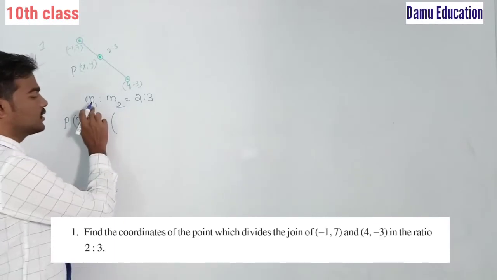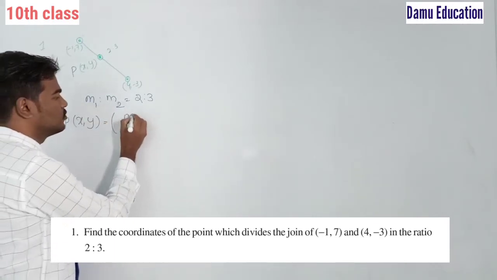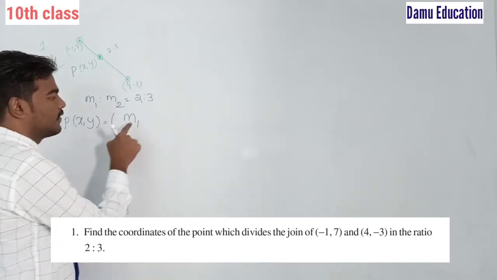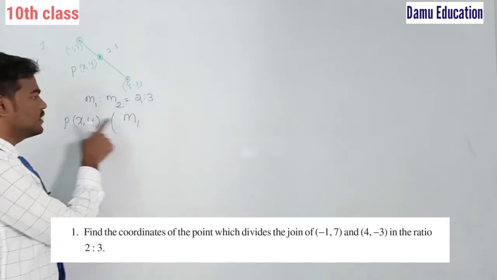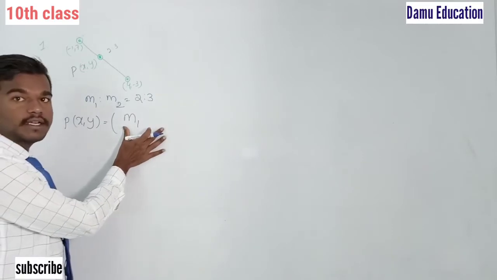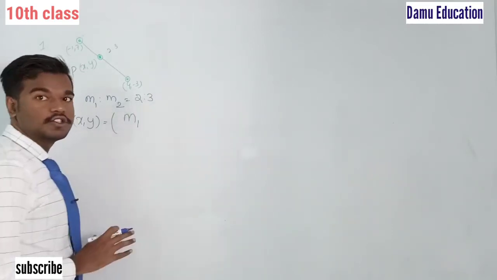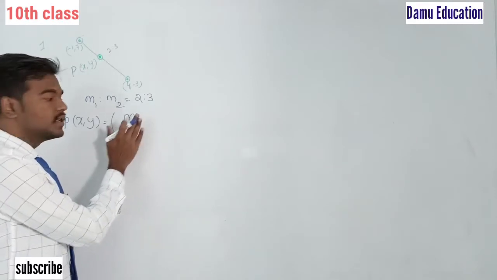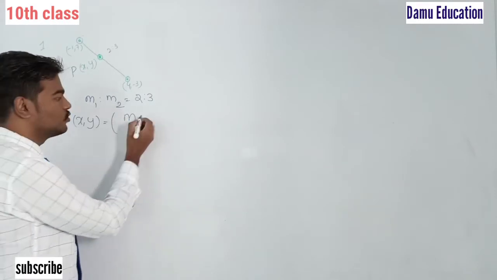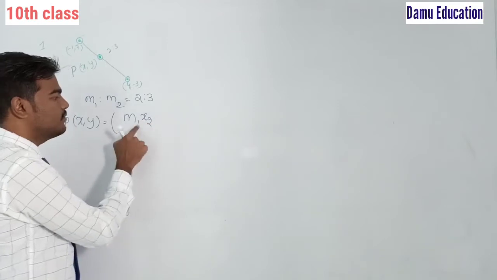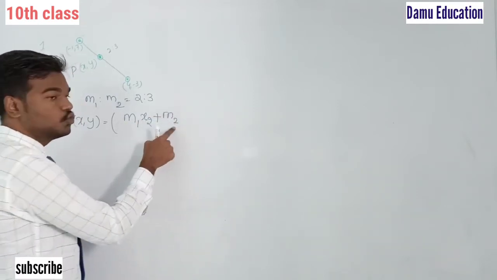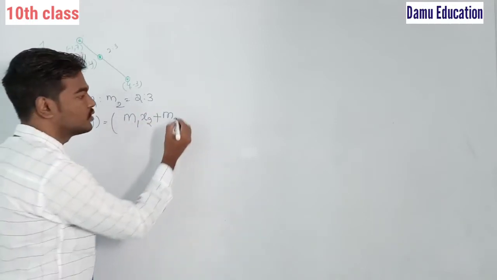So here first consider m1. For the x coordinate, we need to write all the terms of x. So m1 came, for that we write x2, 1 means 2, plus m2, 2 came, for that x1 we have to write.